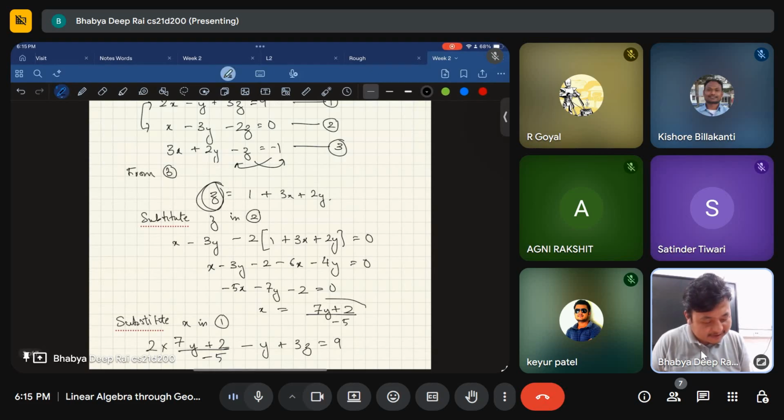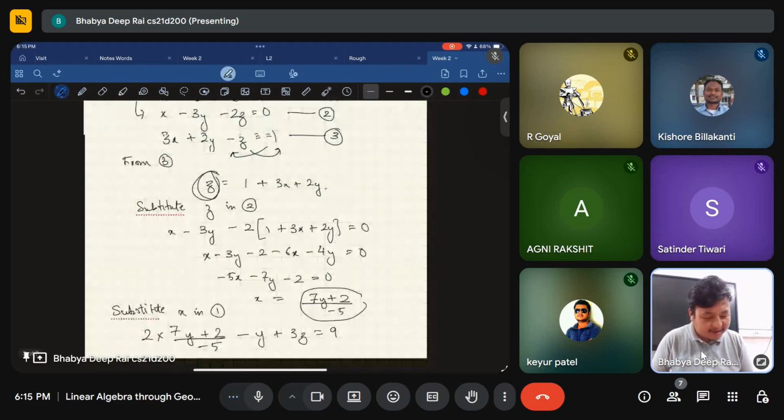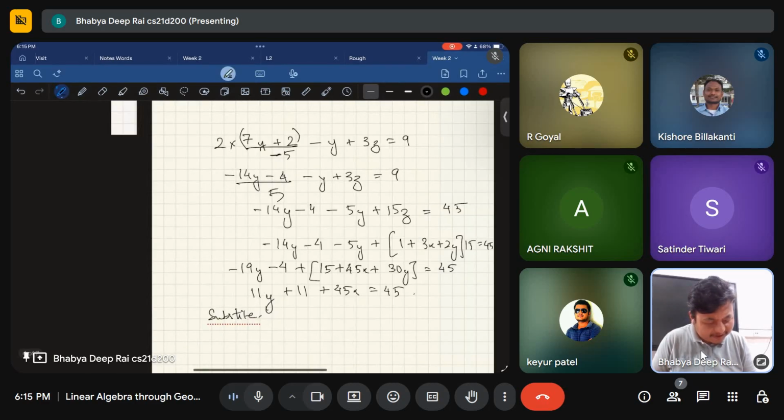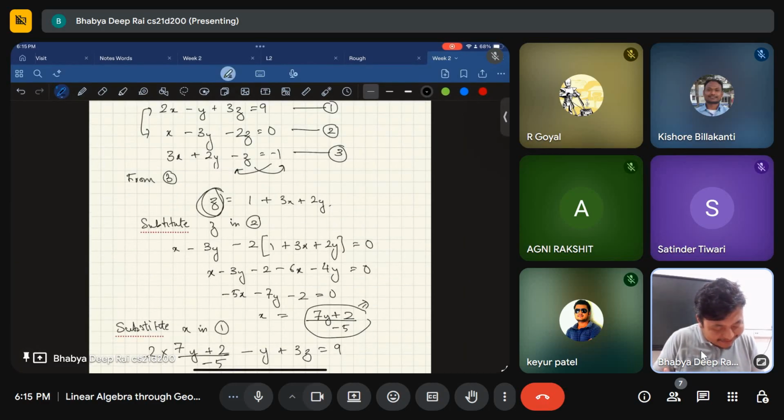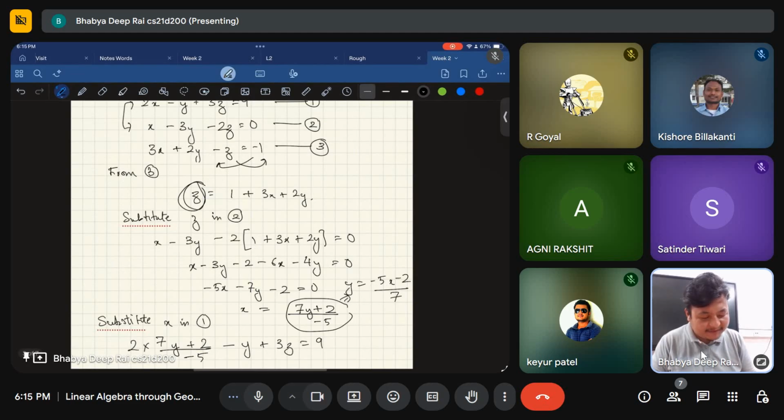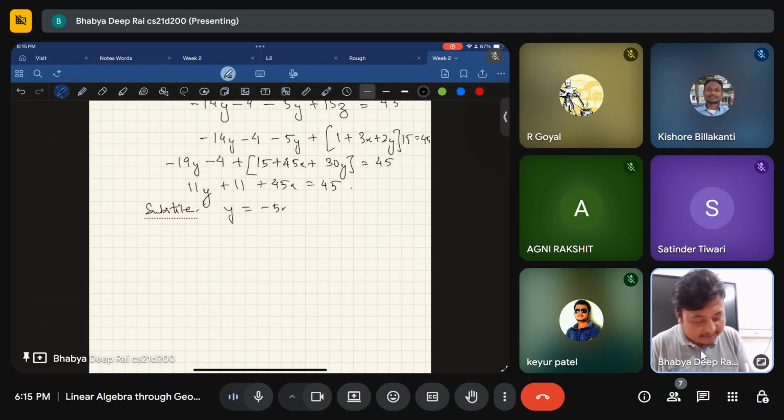So y equals minus 5x minus 2 divided by 7.